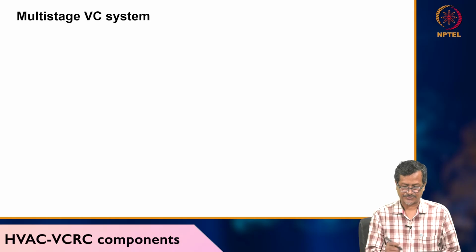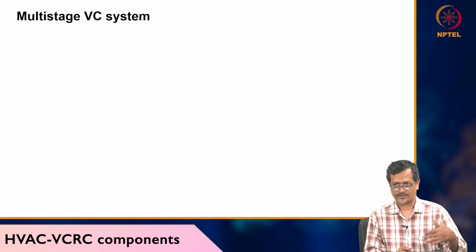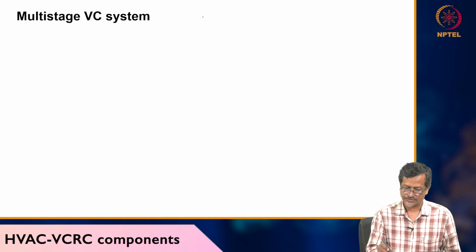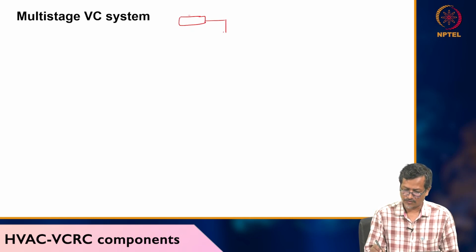Now the multi-stage compressor. If you have seen a single stage compressor system, and now we put it into multiple stages, then system performance will be much better. How will this work? You have one evaporator condenser system, then you have one compressor.